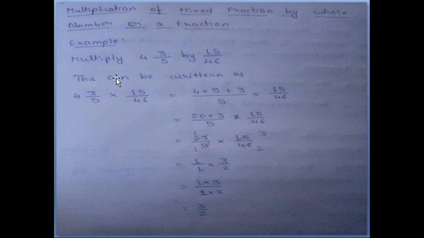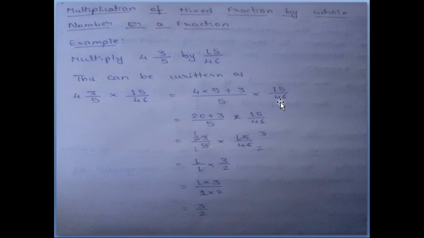To perform the multiplication between these two numbers, first we will convert this mixed fraction into an improper fraction. For that, we multiply 5 with 4 and then add 3. So that is 4 into 5 plus 3 divided by 5, into 15 by 46.